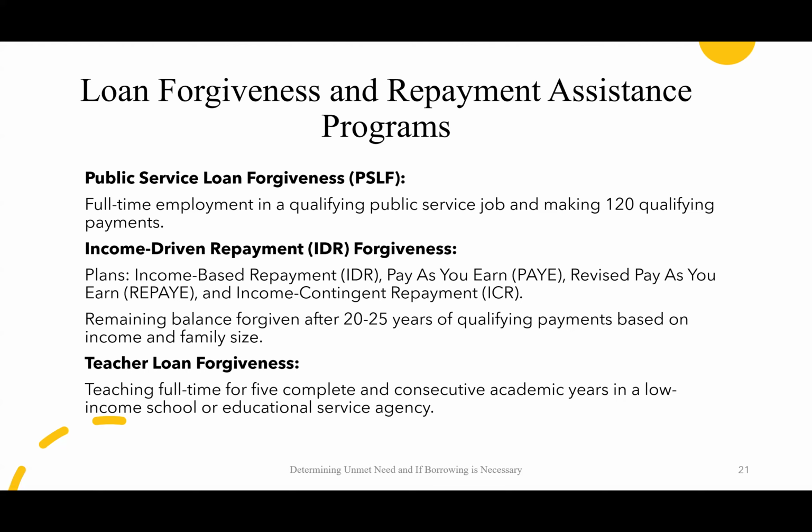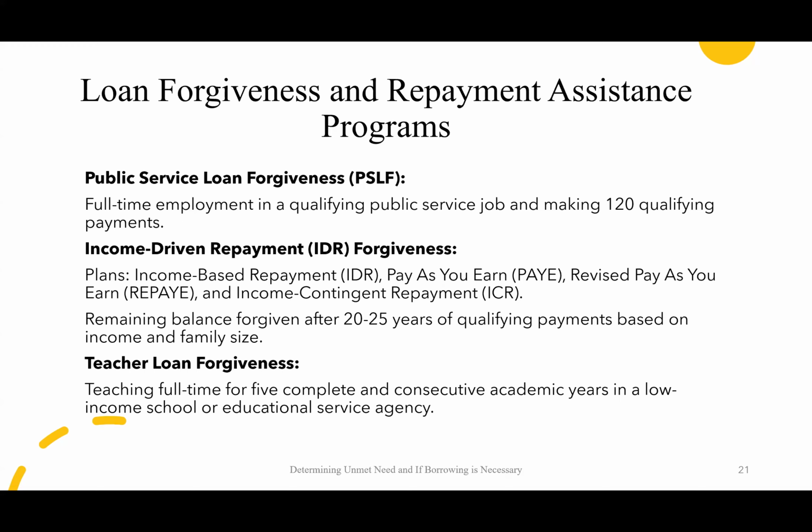First we have the public service loan forgiveness. This is for full-time employment and qualifying for public service jobs, where students make at least 120 qualifying payments. Keep in mind, all of these are subject to changing in the future, but this is currently where it is now.